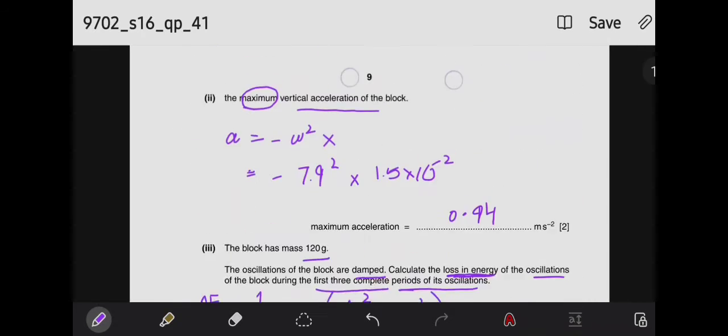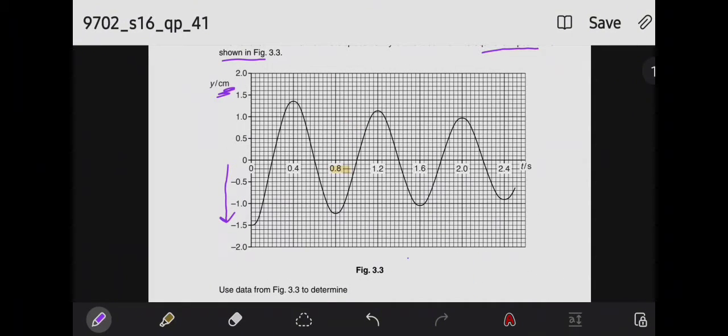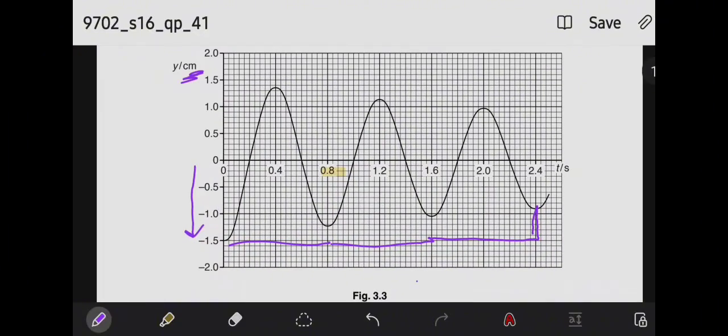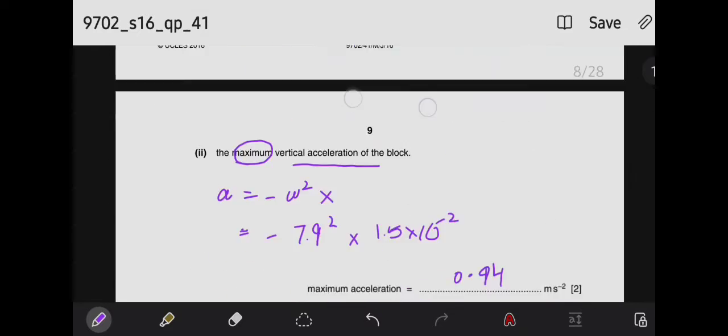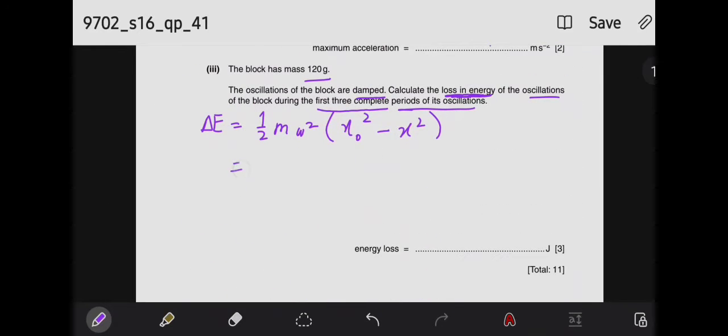So the maximum displacement was 1.5 into 10 to the power minus 2, and we need to find out after complete 3 cycles. So that would be 1, 2, and 3 right here. And this is 0.9, right? 0.9 into 10 to the power minus 2. So we're going to find out here what is the change of energy.